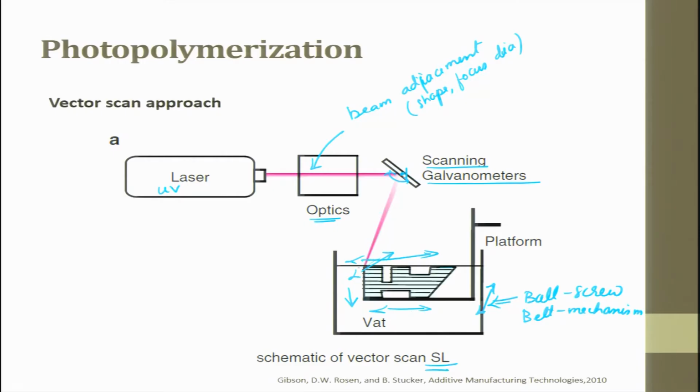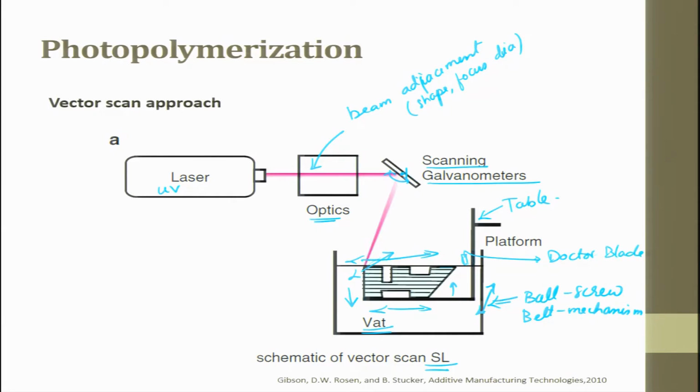So the repetitive curing of a layer and sinking down of the vat helps in building a 3D object. The vat is nothing but a container where the liquid polymer is held. This is a table which sinks so that new layers get formed. There is also a doctor blade which is kept here.